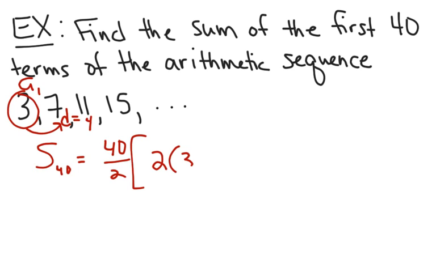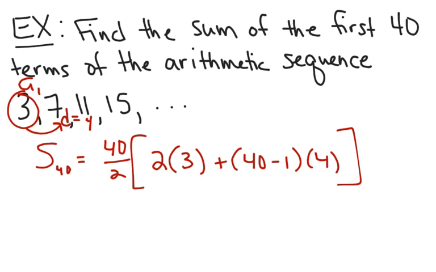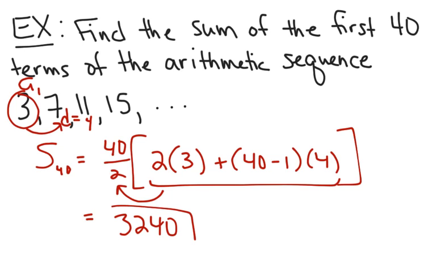So I can use the first formula, n over 2, 2 times a sub 1, plus n minus 1 times d, to find out what the sum of the first 40 terms is. So when I plug this into my calculator and then multiply it by 20, I'm going to find out that the sum of the first 40 terms is 3,240.